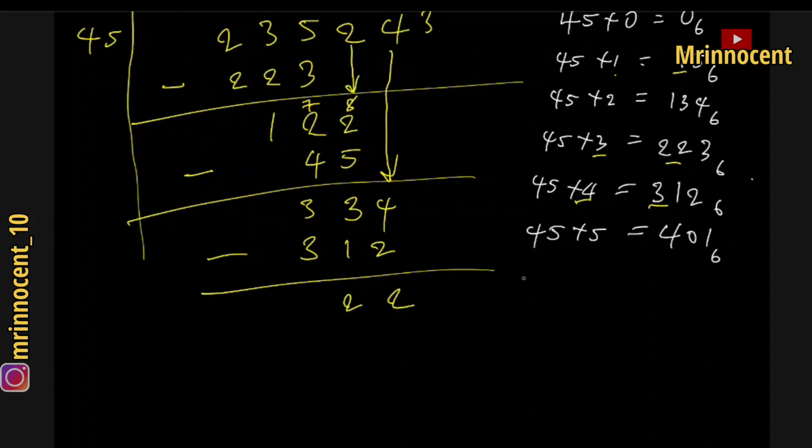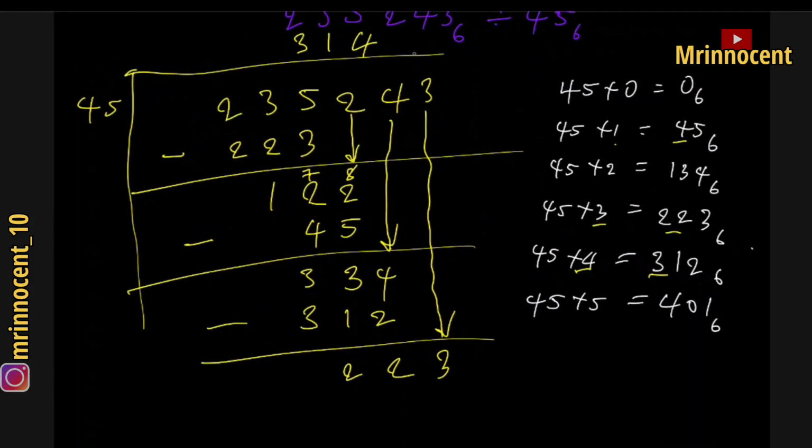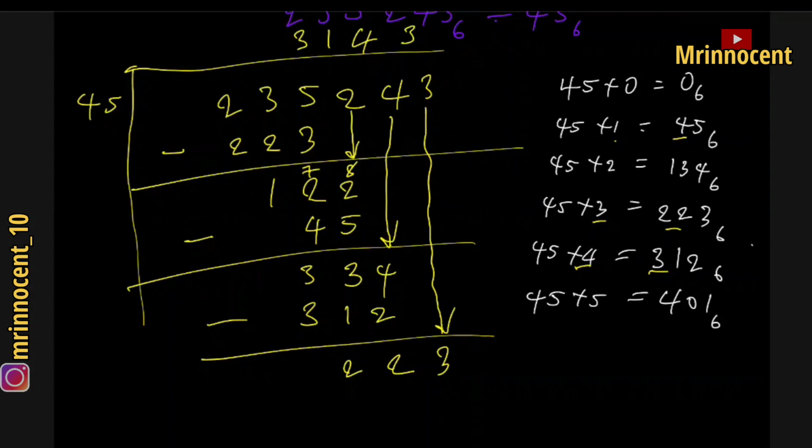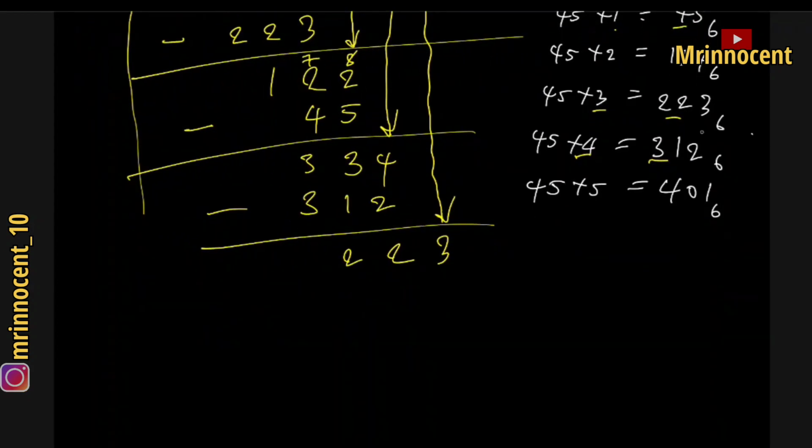So 45 divided by 22 cannot, bring down the last number, which is 3. 45 divided by 223 is 3. So answer is 3. 3 times 45 is 223.